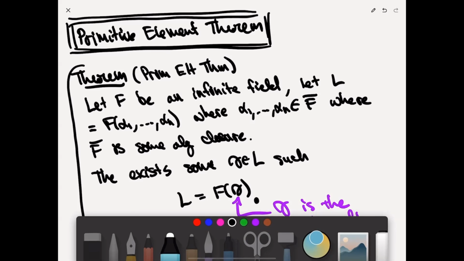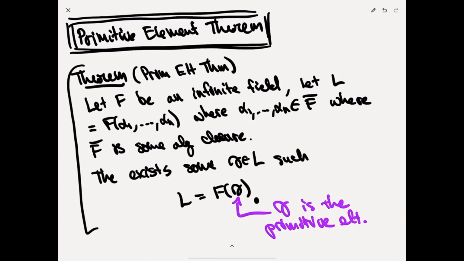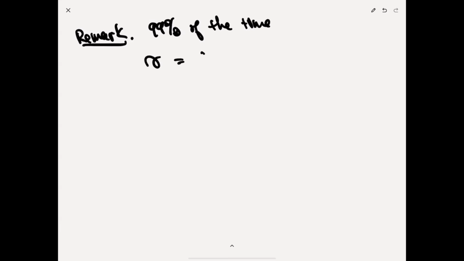Let me make a little remark. What gamma works? The remark is that, and we'll see this in the course of the proof, 99% of the time, or I should maybe say 100% of the time, if I take gamma to be alpha 1 plus alpha 2 plus ... plus alpha n, the sum of them, this will work.